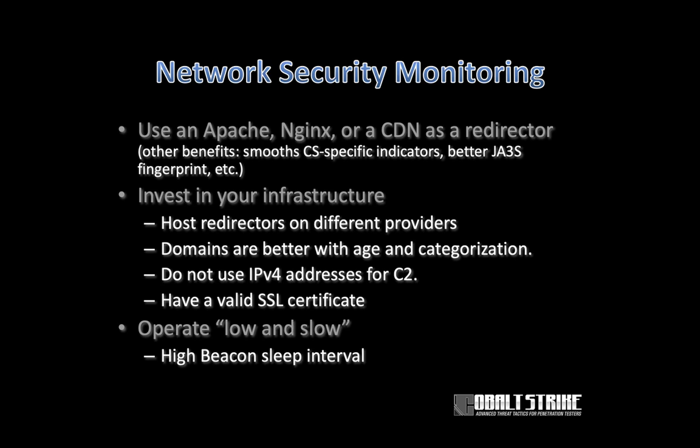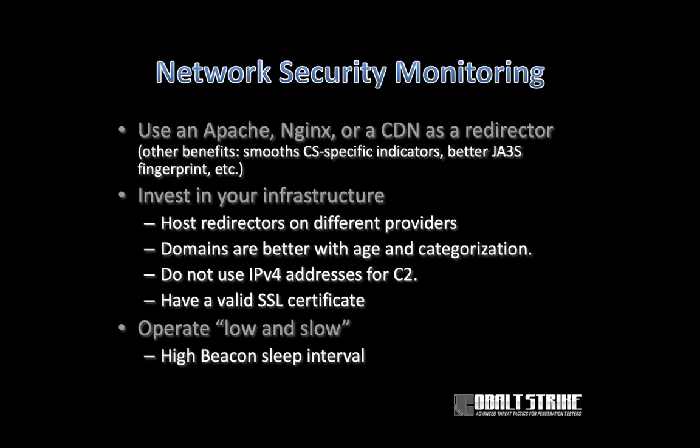Remember that domains are better with age and categorization. A new domain is a potential indicator of something suspicious. Categorization is handy when going through a proxy that breaks up traffic into different categories and treats it differently depending on the category. Do not use IPv4 addresses for command and control.